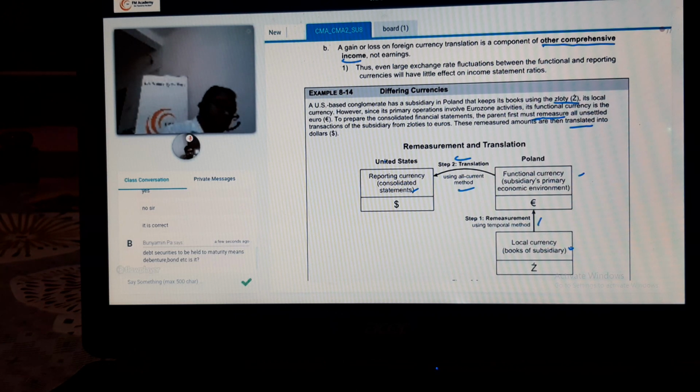If it is not at cost, if it is at fair value, this will be a monetary item. That is what it is. This is a monetary item. An investment in a bond to be held until maturity. There is an exemption given there.